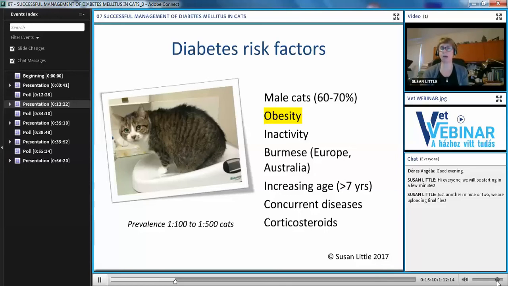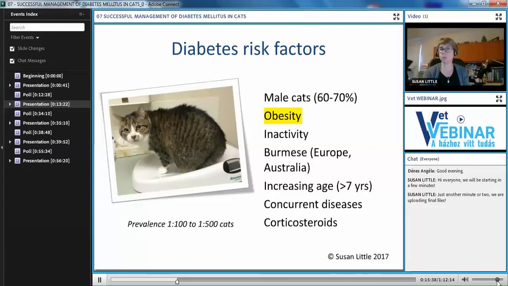And we've already mentioned inactivity. So this indoor inactive lifestyle is a risk factor. The Burmese breed, certainly in some countries, especially Australia, the UK, that's probably an example of a genetic predisposition. It's not true in North America, by the way. Burmese cats that are born in North America come from different genetic background, and they don't have a genetic predisposition.